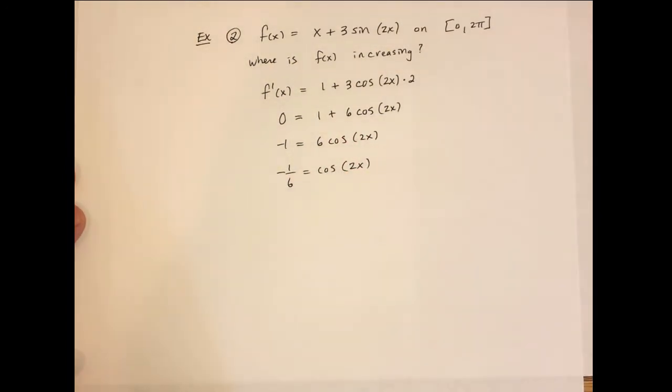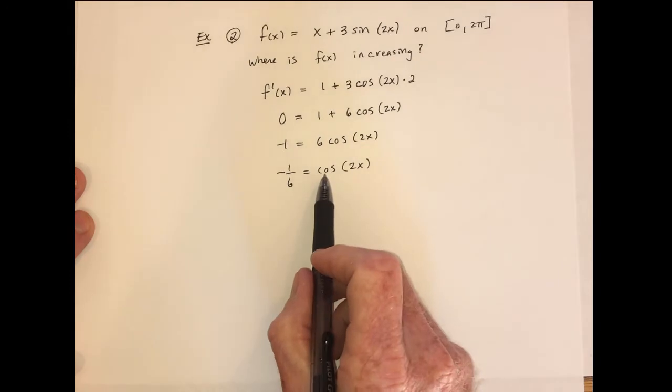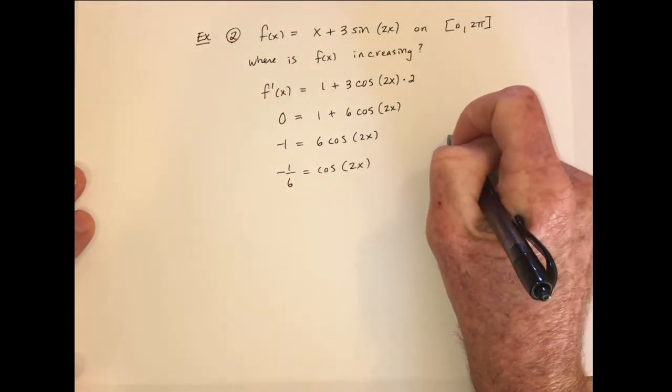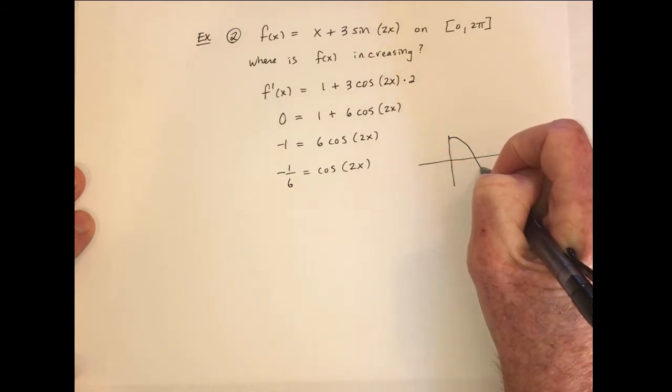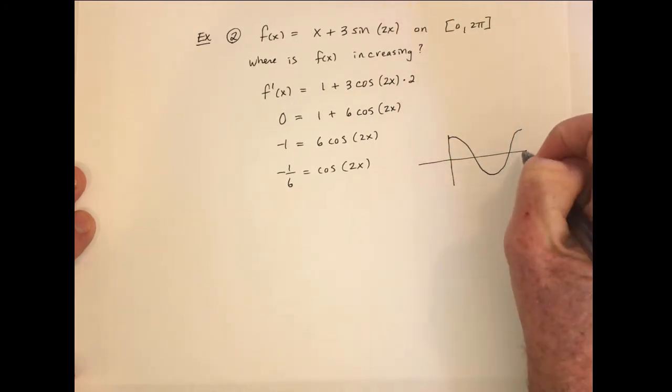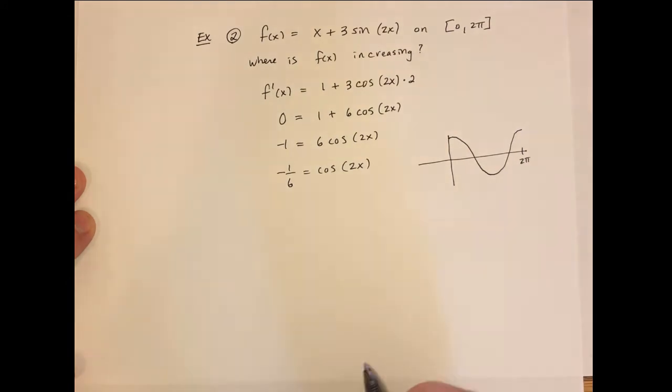And then, here's where those trigonometry skills come out. So this is saying, take a look at the cosine graph. So here's the cosine graph. And then when is it equal to -1/6?